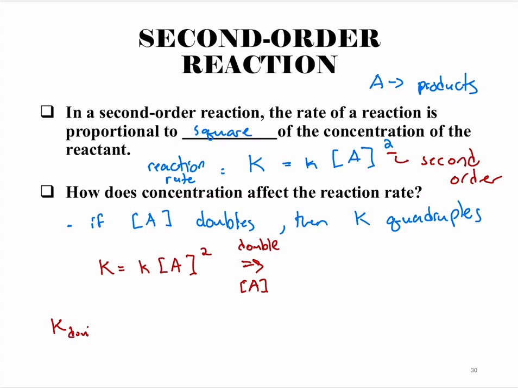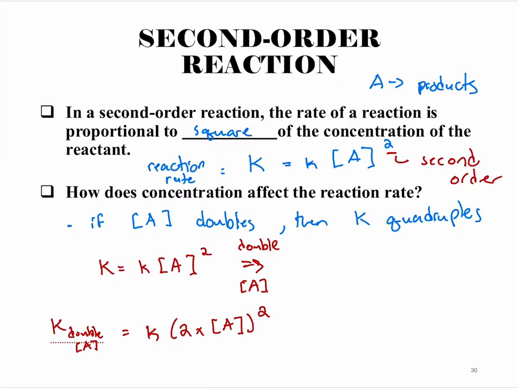So I'm going to put double A as a subscript there. So it's going to be the same proportionality constant times 2 times the concentration of A, squared. Whenever we have parentheses raised to an exponent, if the factors are multiplied together, that's just each of them raised to the power of 2.